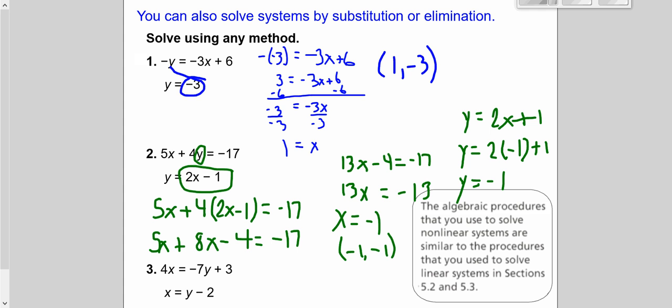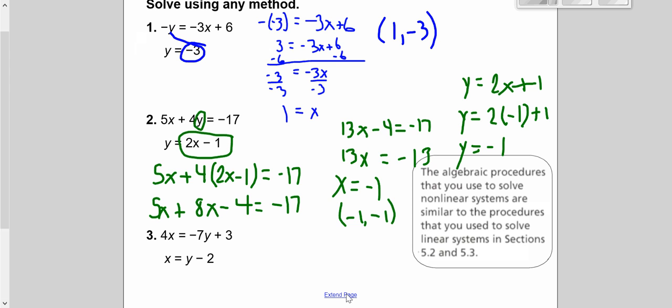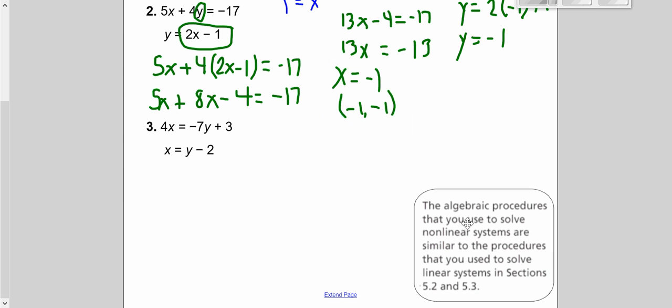All right, one more to solve on this page. Okay, we're working on number 3. Let's solve this one by elimination.